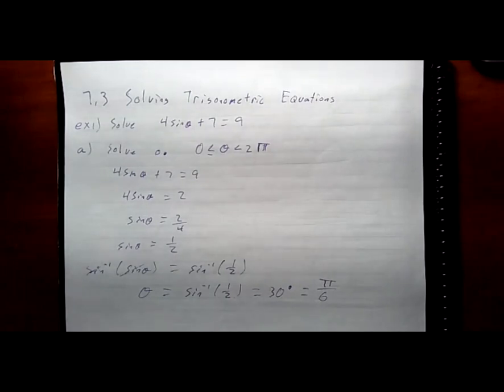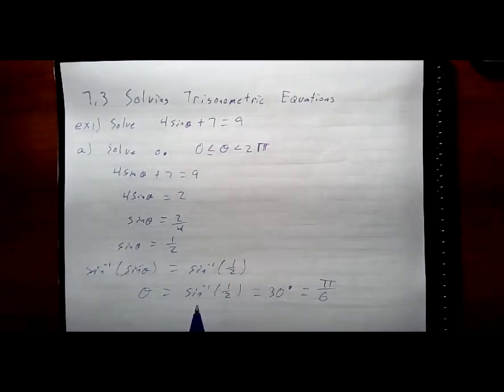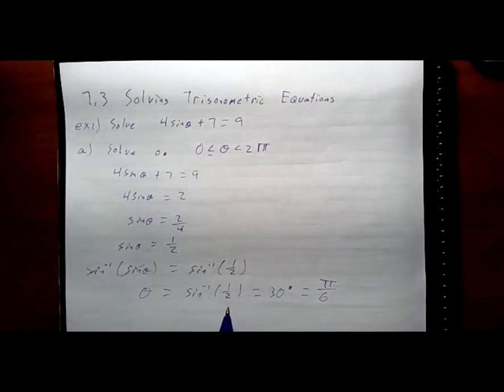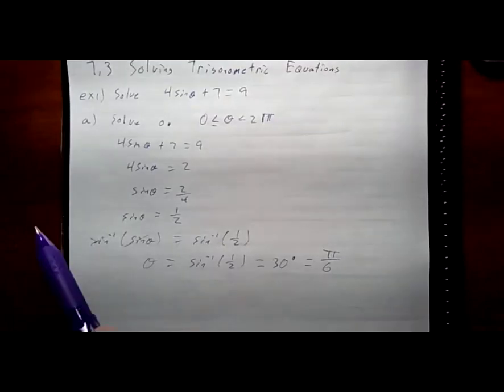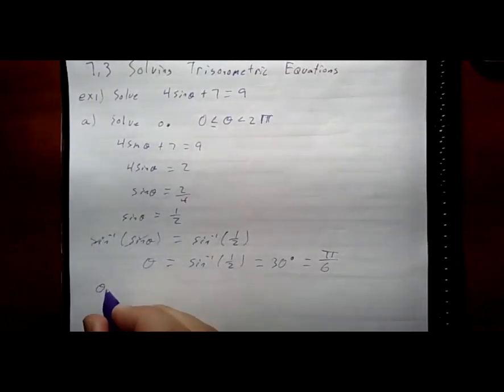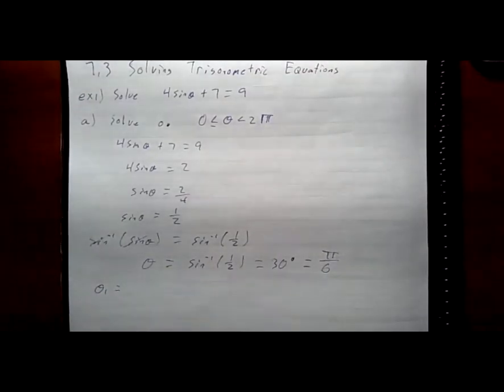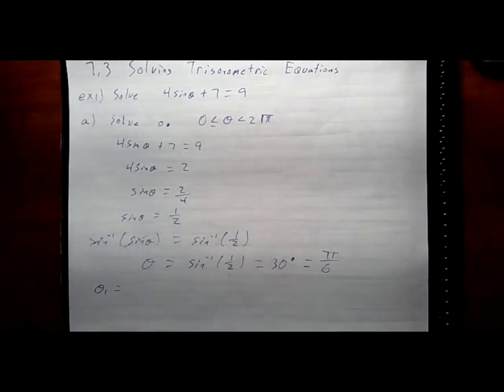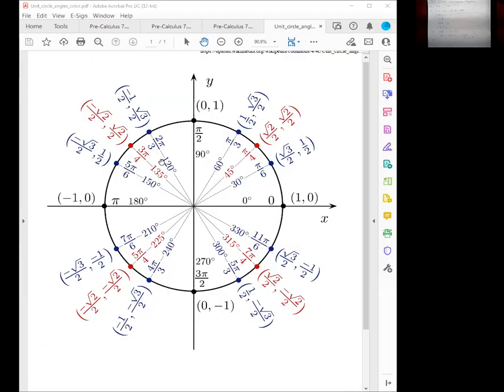Either one. So what you're supposed to do to find the other one, because remember how we said inverse trig functions only give you solutions in the right half of the circle. So we have two solutions. Let me show you the answer. We could see this one right away.